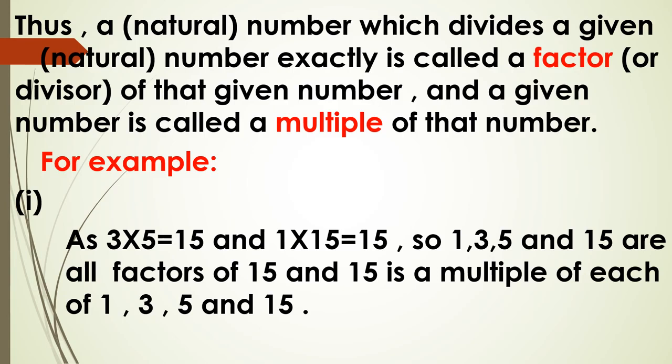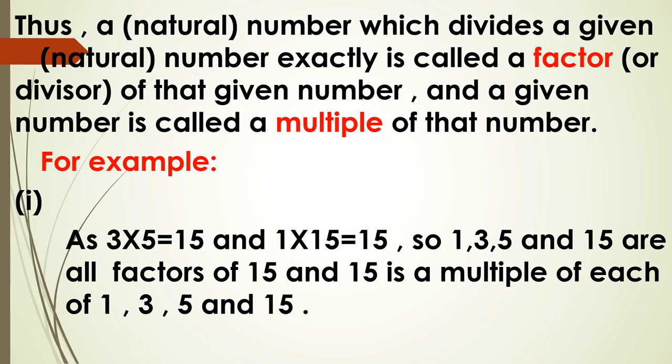So we can say that 1, 3, 5 and 15 are all factors of 15, because when we multiply these numbers, we get 15. 3 fives is also 15, so 3 and 5 are also the factors of 15.